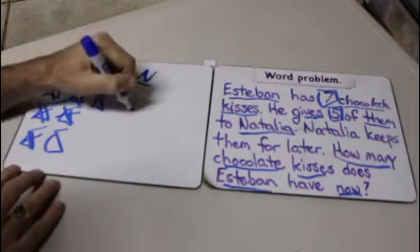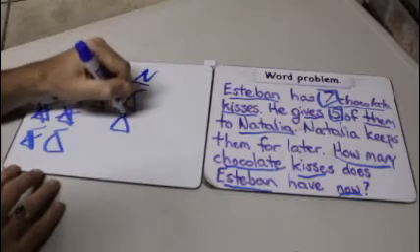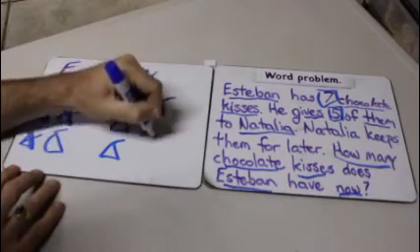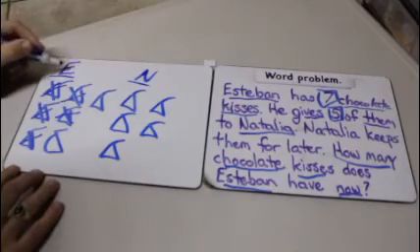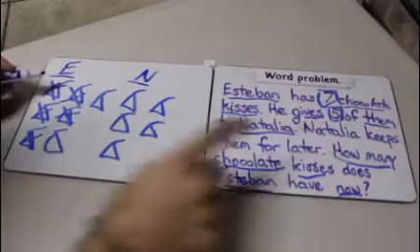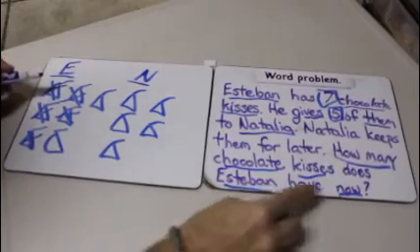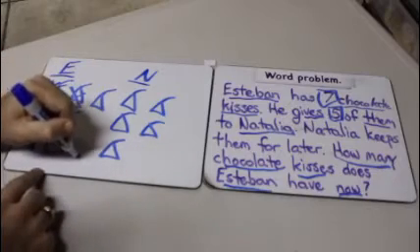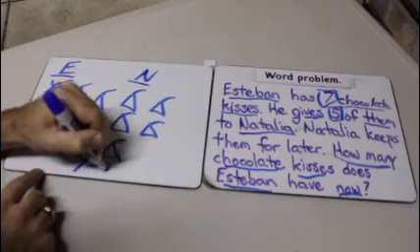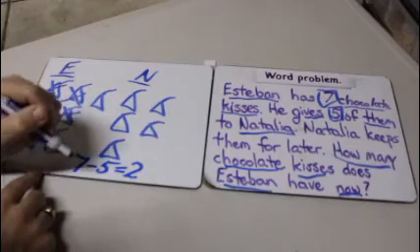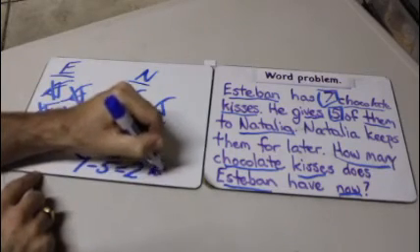And give them to Natalia. 1, 2, 3, 4, 5. So now Natalia has 5. How many chocolate kisses does Esteban have now? 1, 2. Because 7 minus 5 equals 2. 2 what? Kisses.